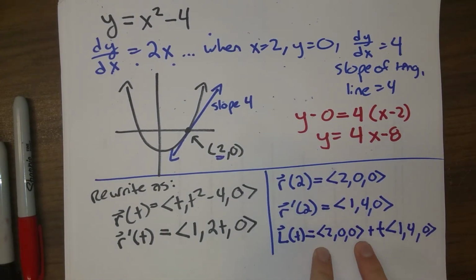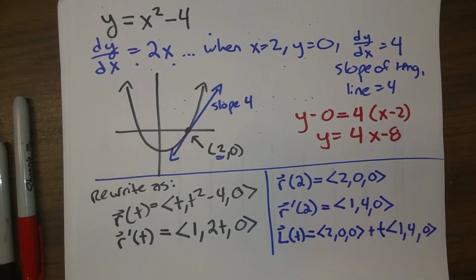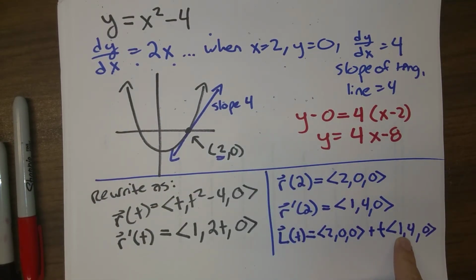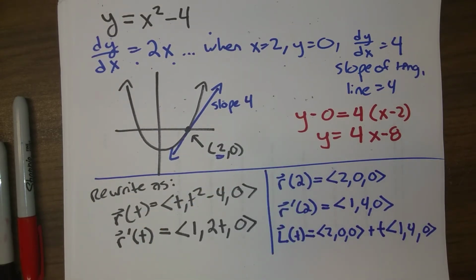So here we have an initial point, 2, 0, or 2, 0, 0, depending on whether we're thinking of this as being in 2 or 3 dimensions. And then we have our direction vector written in 3 dimensions, but that's exactly equivalent to saying that this line has slope 4.